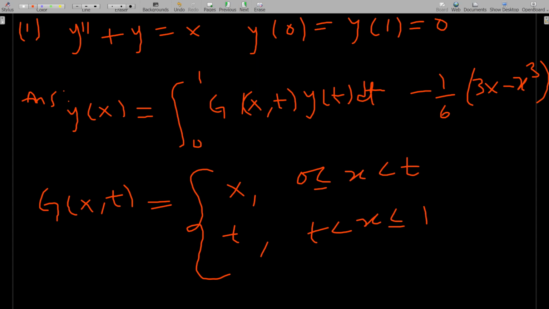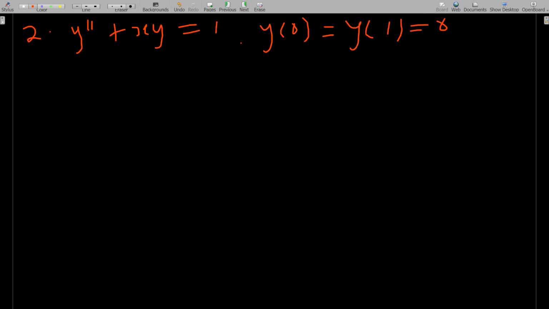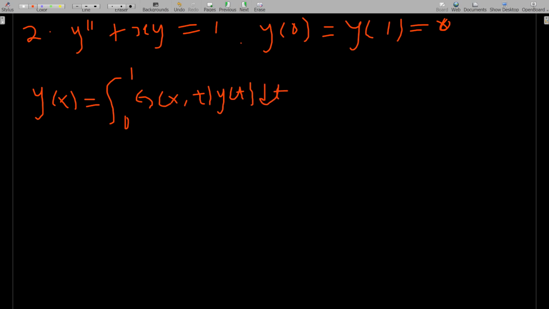Now the second one, I hope you've seen everything. This is the expected answer with its kernel. Kindly go through it and give me a comment in the comment section too, for me to know whether you're able to do it or not. The second one is y prime plus xy equals 1, and y of 0 is equal to y of 1 is equal to 0. The expected answer is y of x equals the integral from 0 to 1 of g of xt y of t dt, then minus half x into 1 minus x.